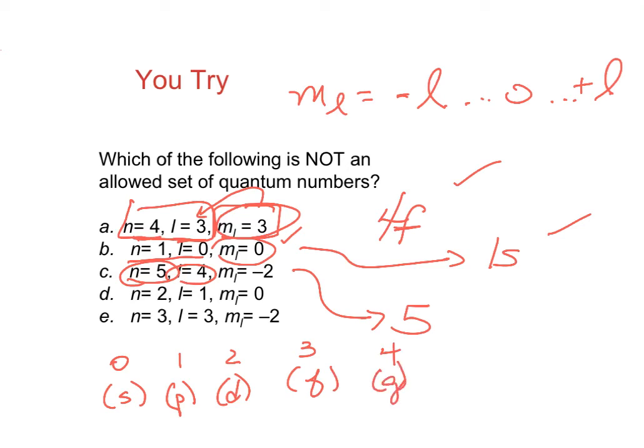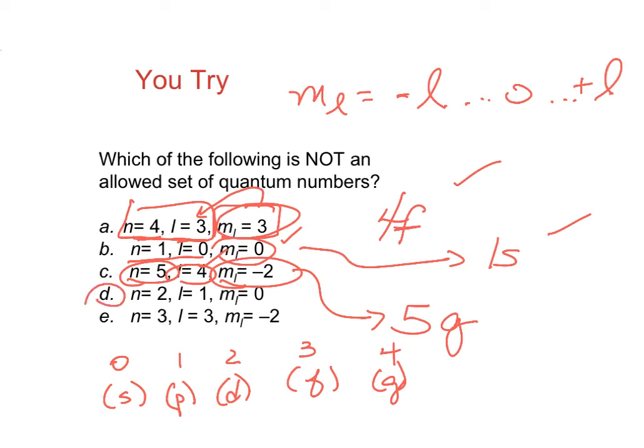Now, you're going to say, I never heard of a g orbital. That's because they're considered excited state orbitals only. Most stable atoms don't have them, so you don't really have to worry about g's. But all right, we are talking about a 5g orbital. Is it possible for m sub l to have a value of minus 2 if l equals 4? Yeah, it sure is. So that's actually okay.